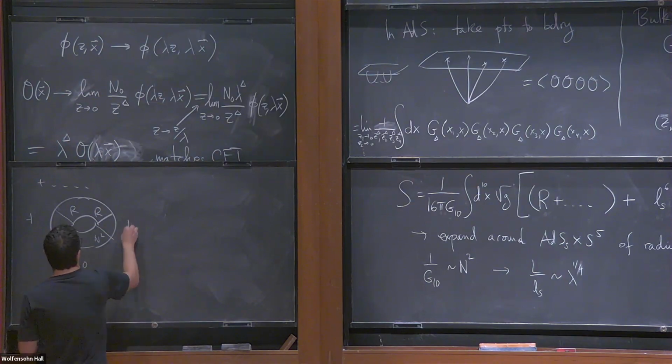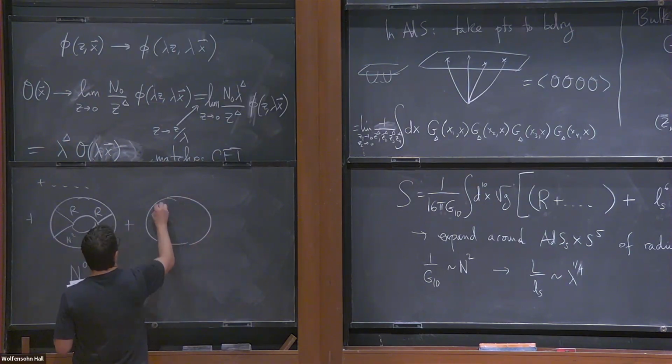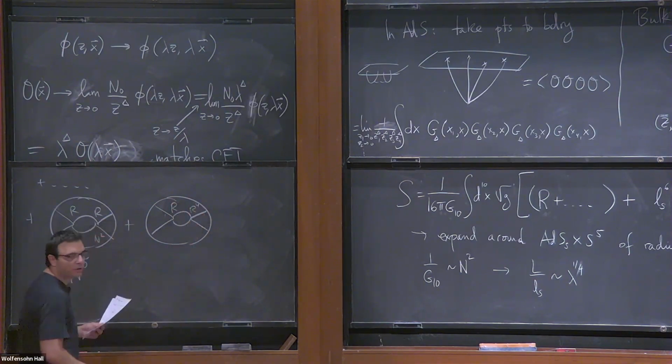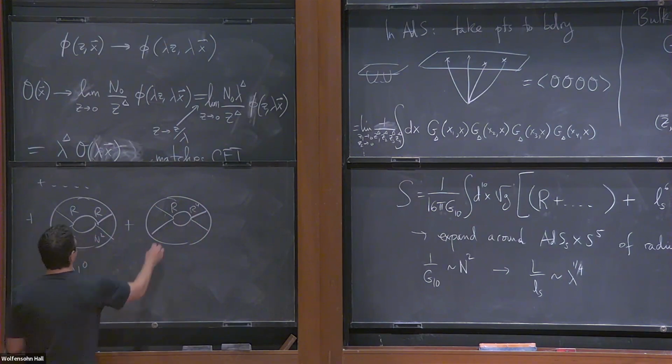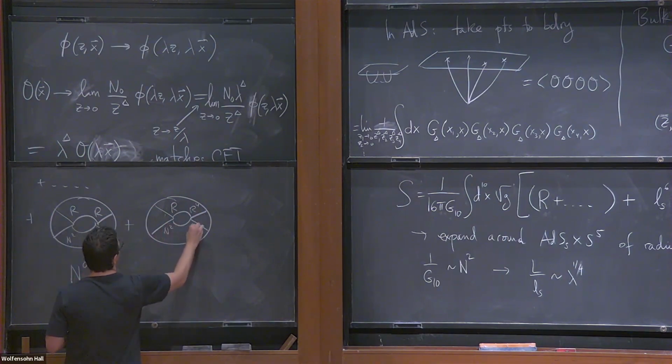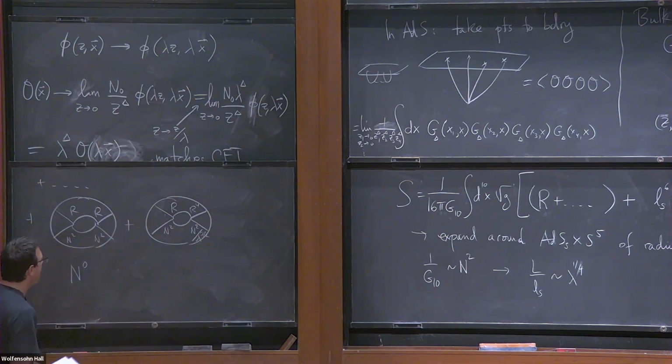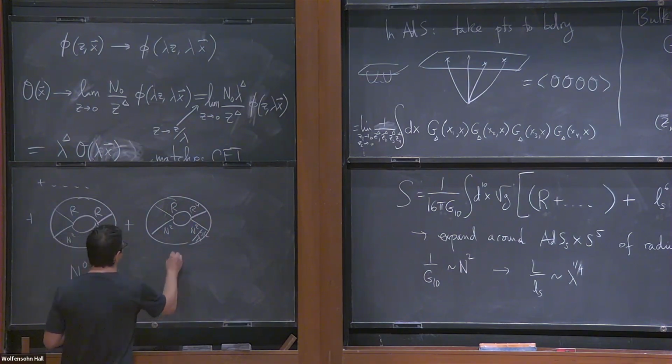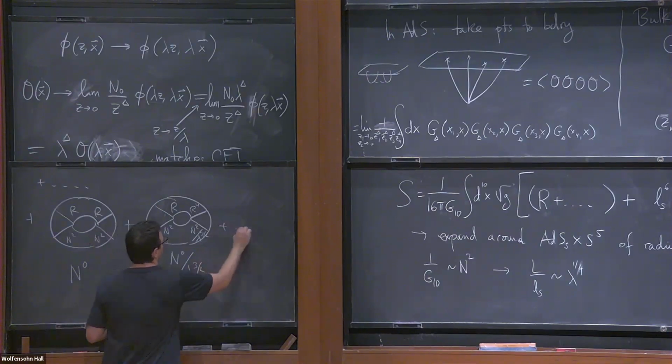We can also have loop diagrams with one vertex from supergravity and one vertex from the Riemann to the 4 term. This would scale like n squared over lambda to the 3/2, and the two propagators would scale like 1 over n squared. So this would be n to the 0 over lambda to the 3/2, and so on.